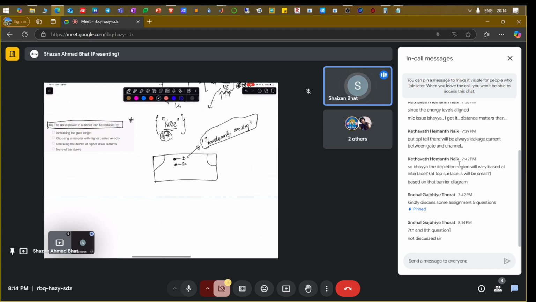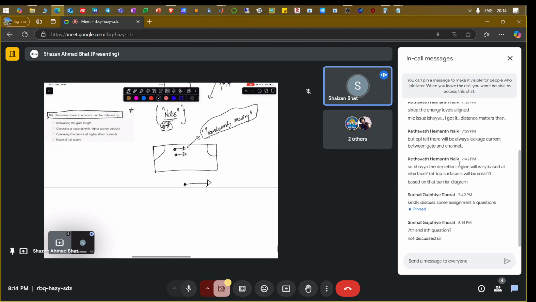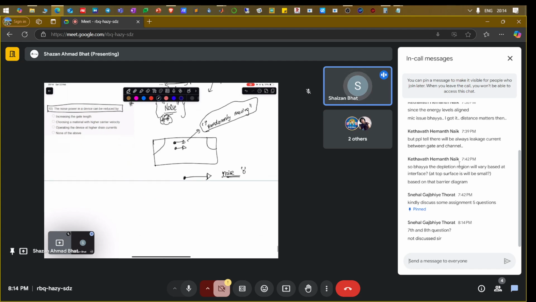It's not an electron going straight from this direction to this direction. If that were the case, the noise would have been almost reduced to zero. But it's not like that. The motion is like this, and the noise is very less compared to the random motion in an electric field.